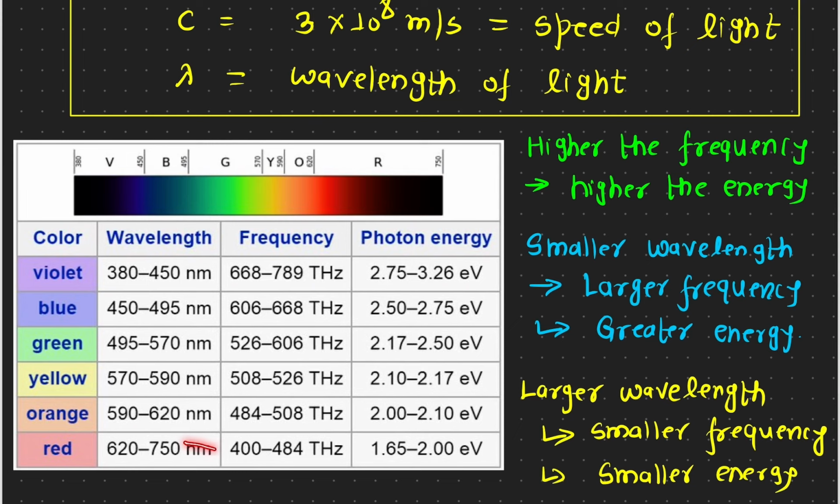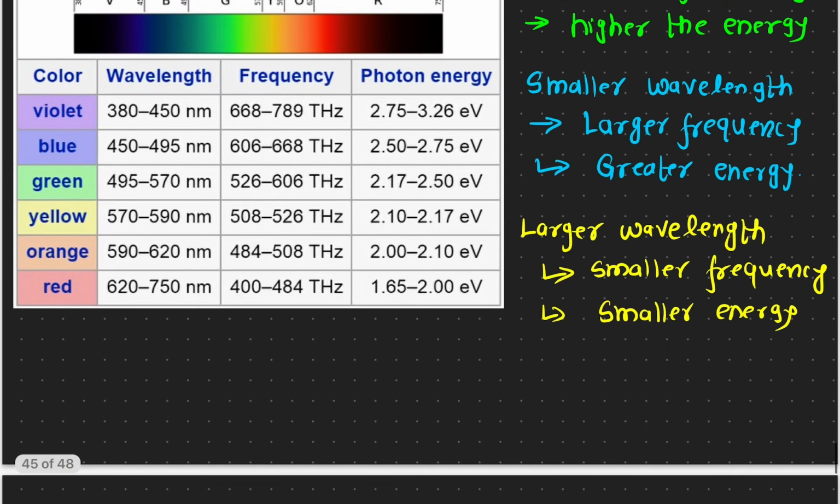Higher wavelength means a smaller frequency, and a smaller frequency means a smaller energy. So red has a smaller energy compared to violet. Whenever you look at energy, a smaller wavelength means higher energy, and higher frequency means higher energy. That's what I have written down here.